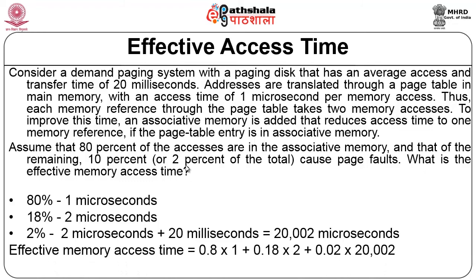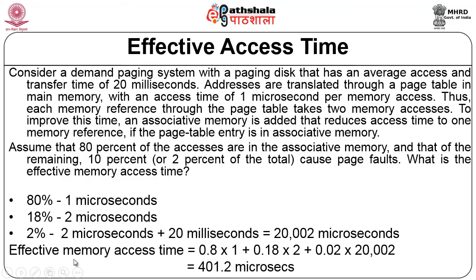So, the effective memory access time goes as, for 80 by 100 it is 1, for the remaining 18 by 100 it is 2, and for 2 by 100 it is 20,002. So, it comes to around 401.2 microseconds.